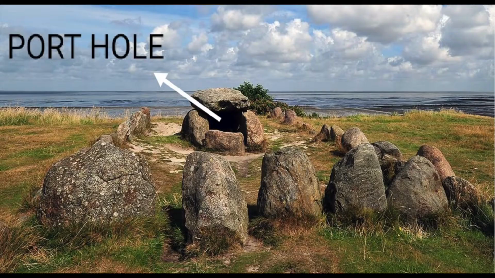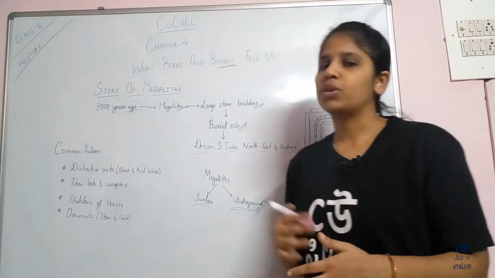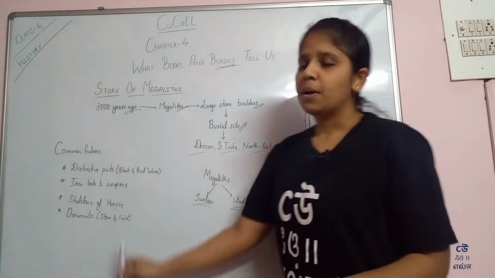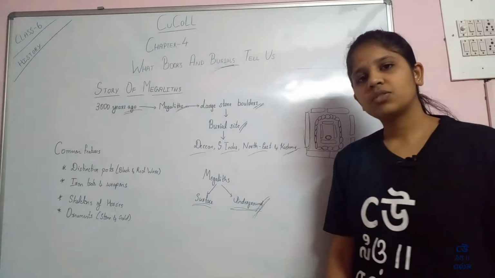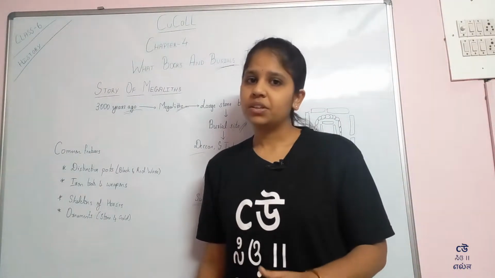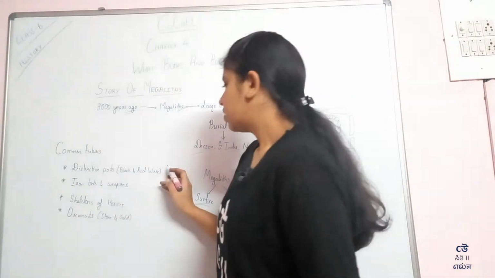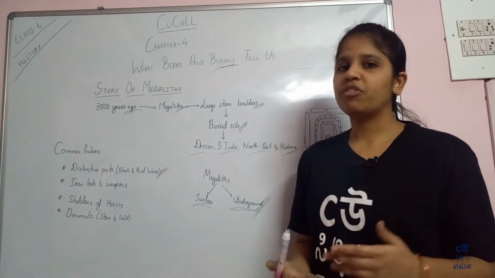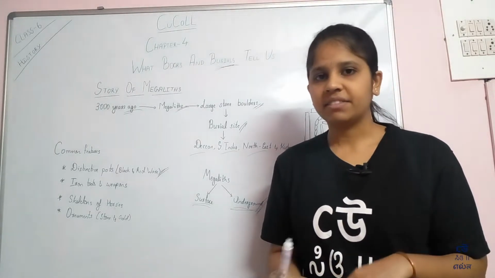In the other image shown, we can see there is a porthole in that megalith, which is also a type of megalith. In all these megaliths, archaeologists found some common features. They found distinctive pots of black and red ware.